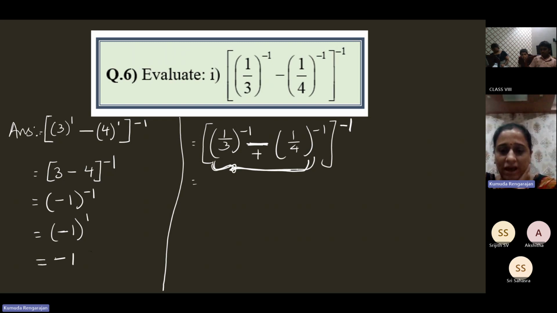Without simplifying the bracket, you must get one answer for this. You should simplify and get the final answer for this. To that final answer, you should use this power -1. You should not use this power -1 now for this one and this one. Because it is subtraction. Even if it was addition, you cannot do it. If it was multiplication, you can do it.